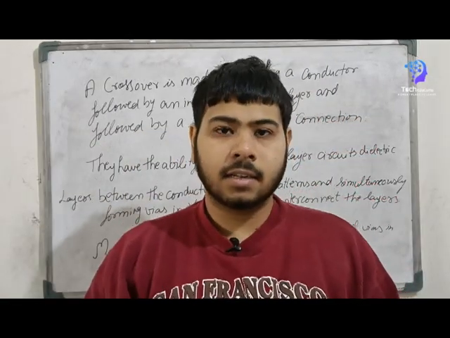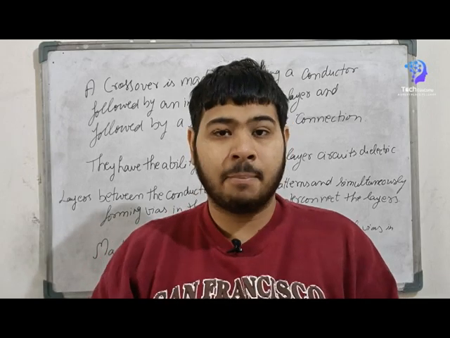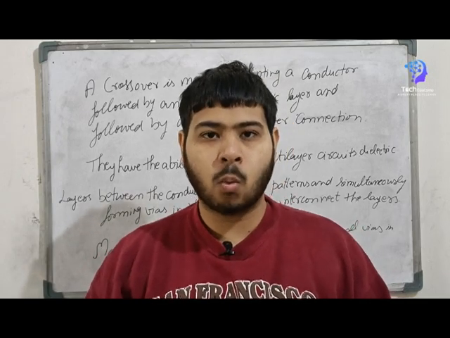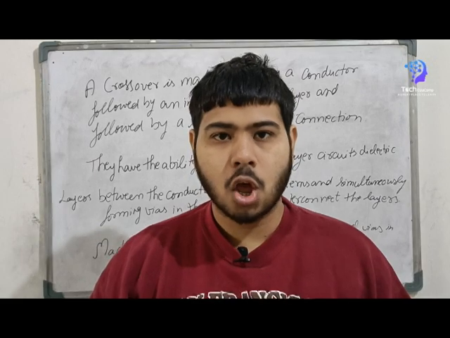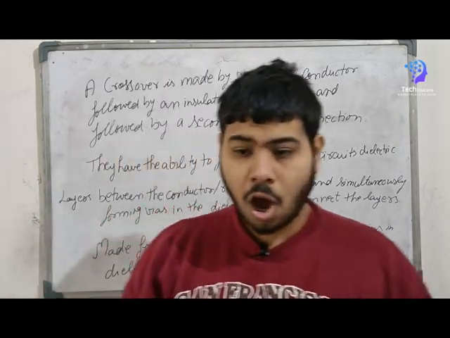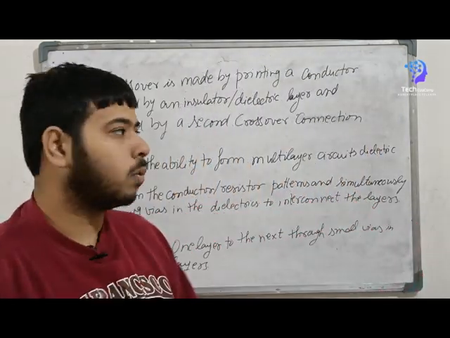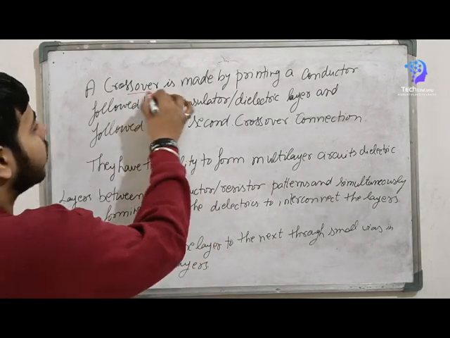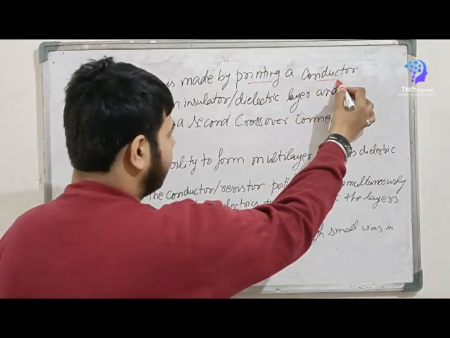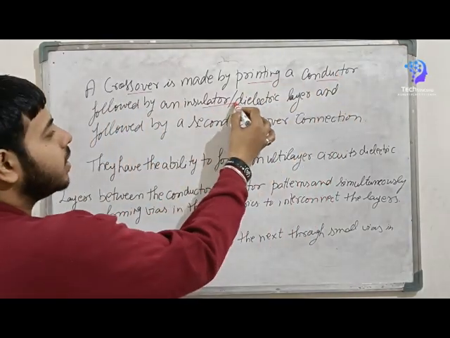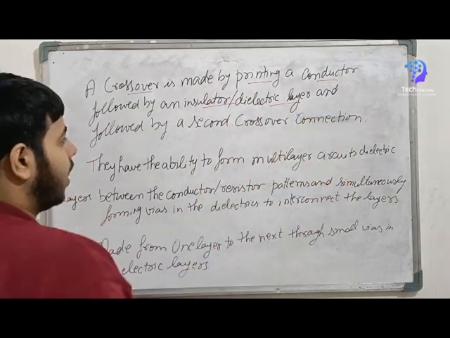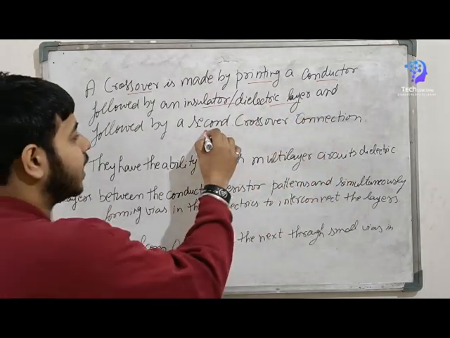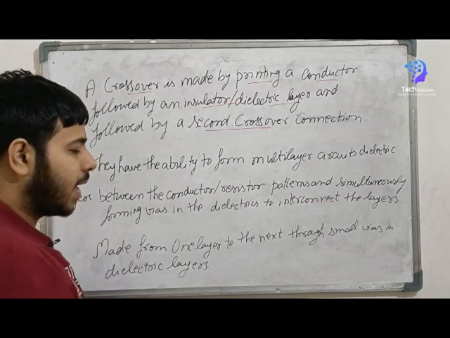Thick film microcircuits have the ability to provide conductive crossovers for higher yield. Now how is this crossover made? The crossover is made by printing a conductor followed by an insulator or dielectric layer, which is also followed by the second crossover connections.